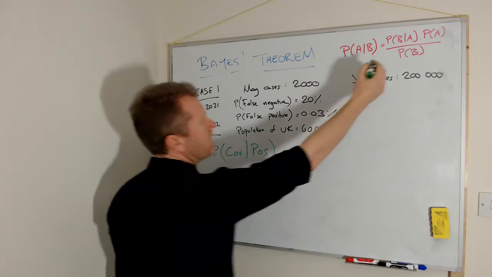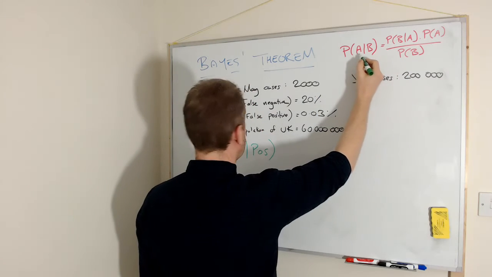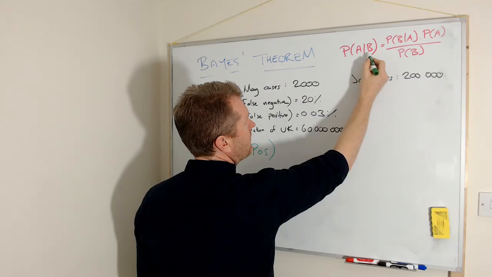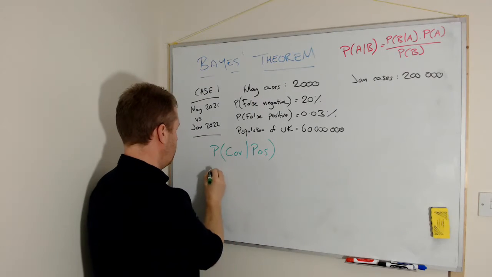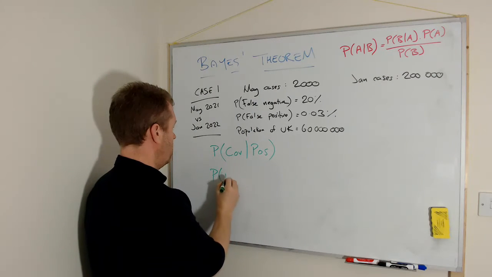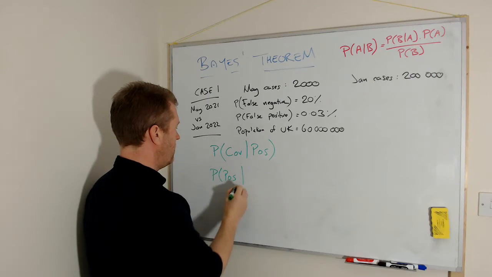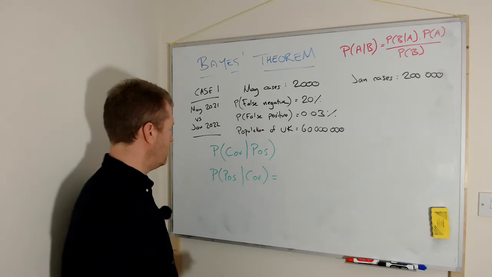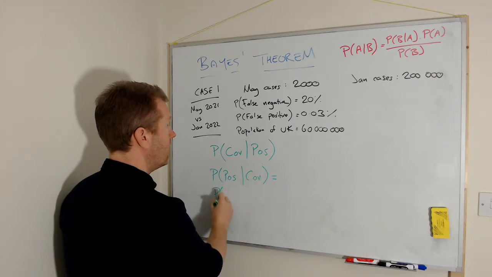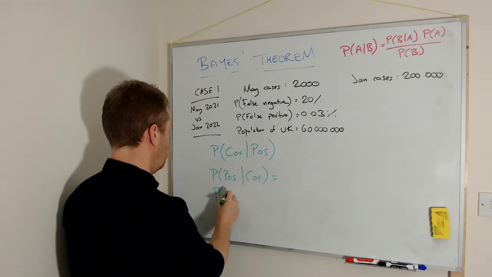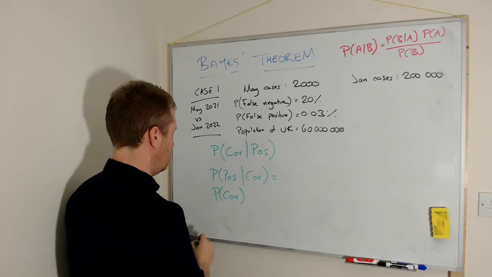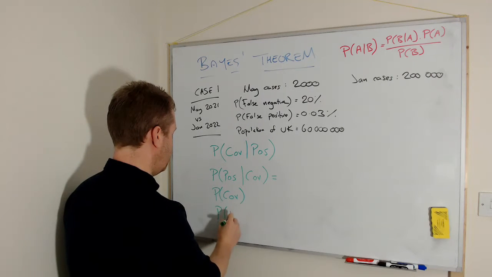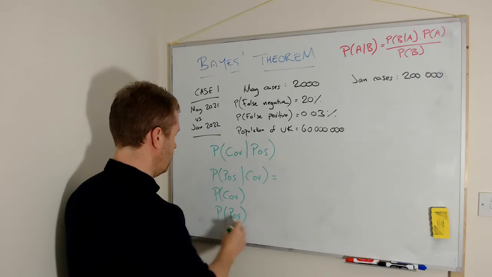If A is COVID, B is positive, we need the probability of getting a positive result given that you've got COVID, the probability that you have COVID, and the probability of a positive result.